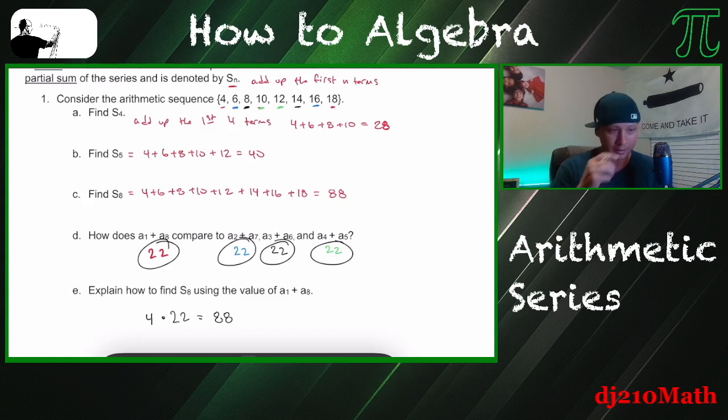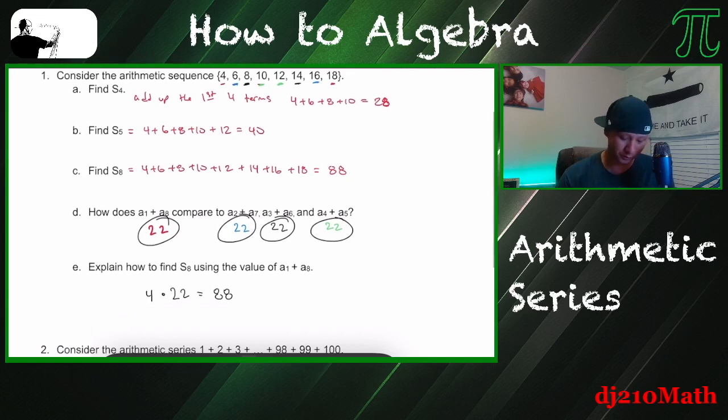We have 8 terms, and when you add up the pairs, each pair makes this value, in this case 22. It turns out that we had 4 pairs because there were 8 terms. So 4 times 22, because each pair added up to 22. It was the number of pairs times the value of the pairs.